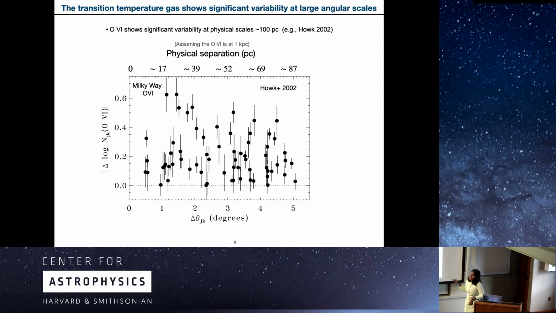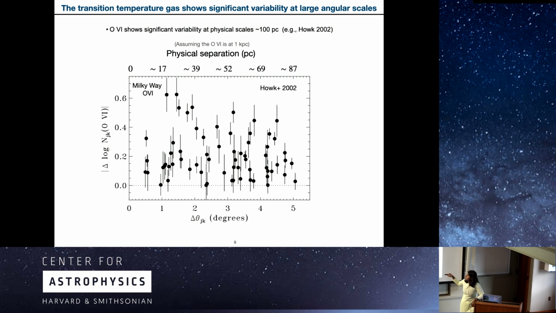This has been used by Hawk 2002 to see the column density variability in the Milky Way disk halo interface gas toward LMC, and they're showing the column density variability as a function of angular separation between sight lines. We see a lot of variability in different scales.